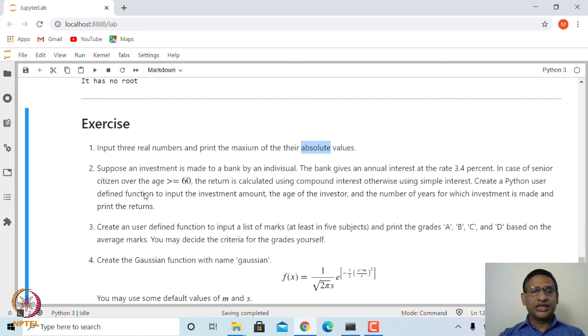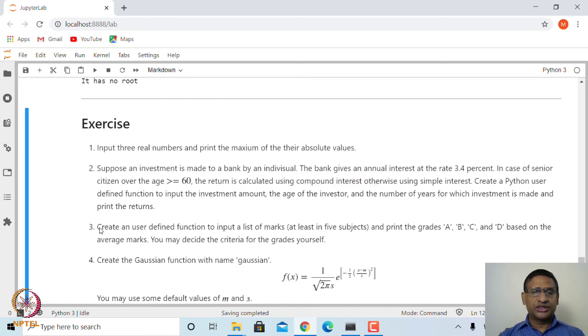Similarly, the next exercise is input an investment and calculate the return. The bank gives return at 3.4%, but that depends upon whether the person is a senior citizen or not. In case of a senior citizen, the return is through compound interest, otherwise simple interest.